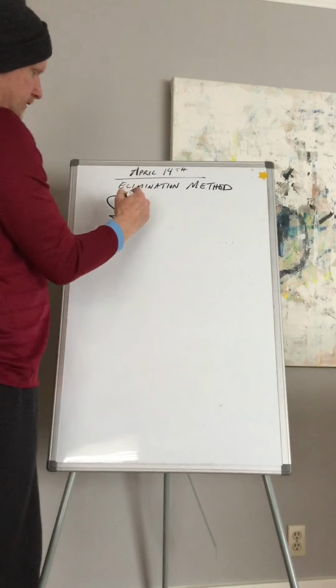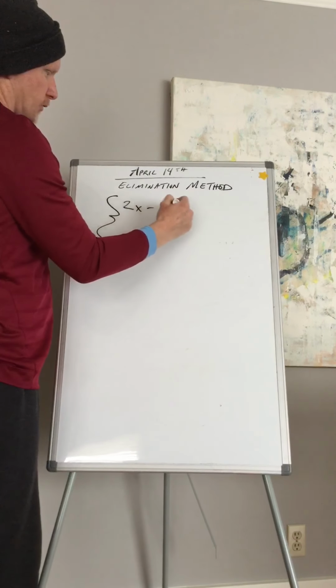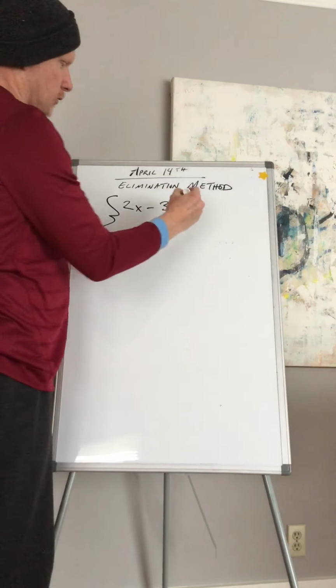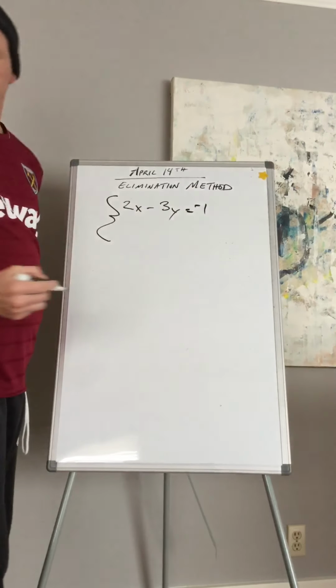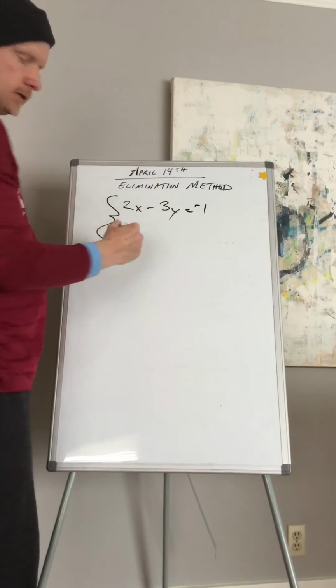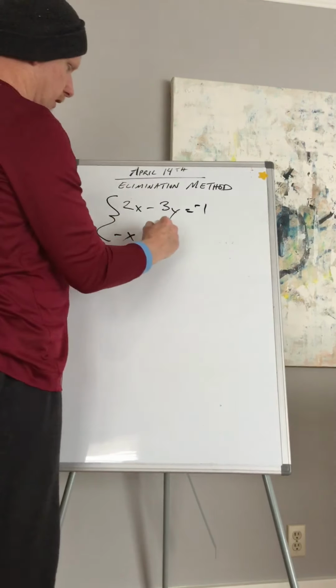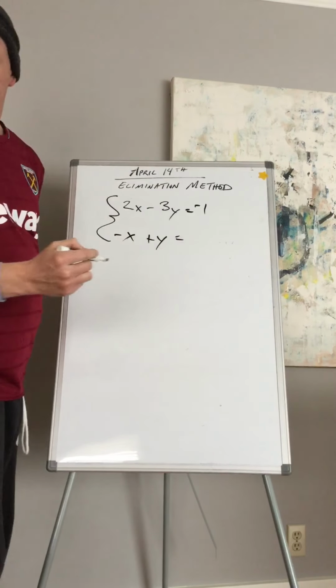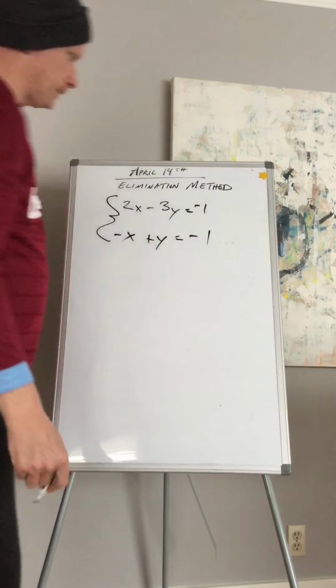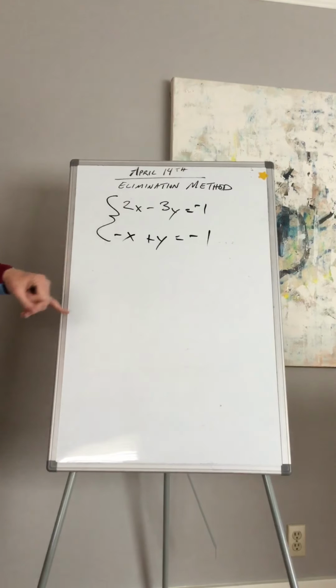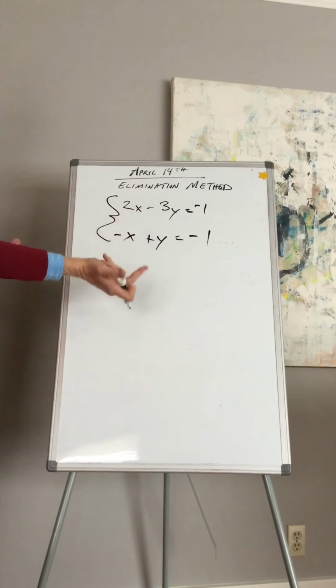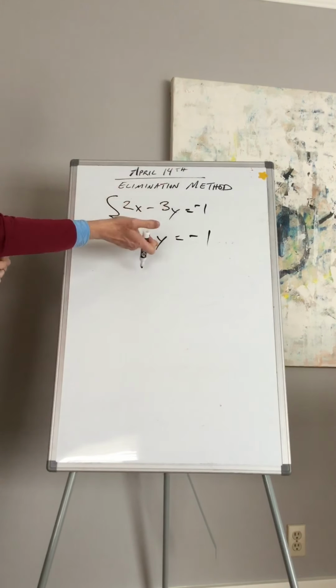We have 2x minus 3y equals negative 1, and we have negative x plus y equals also negative 1. So nothing is opposites already. So 2 and negative 1 aren't opposites, and negative 3 and 1y are not opposites.